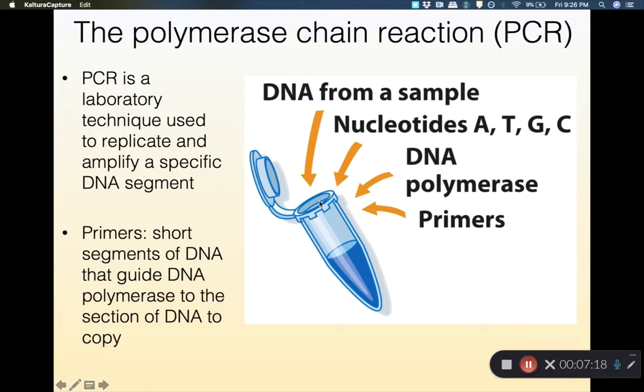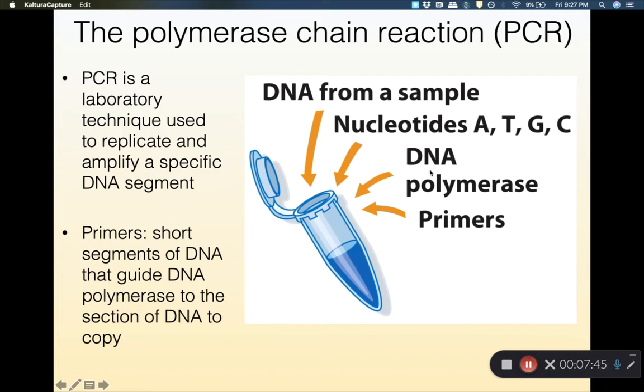In order to replicate and amplify these specific units, we need a couple of things to go into this test tube to start this process. First, we need DNA from a sample. We need the distinct nucleotides, A, T, C, and G, floating around in this.